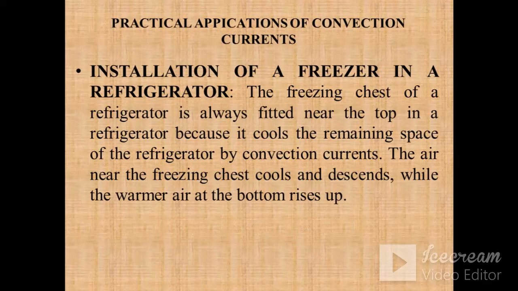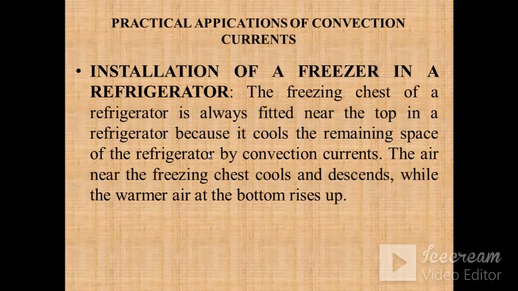Next is installation of a freezer in a refrigerator. The freezing chest of a refrigerator is always fitted near the top because it cools the remaining surface of the refrigerator by convection current. Again, the cold air will take the place of the hot air.